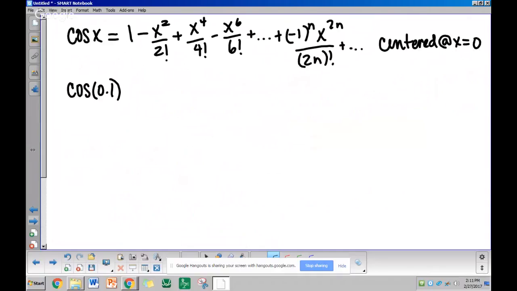Point 1 is close to 0. What is the interval? Well, it just would be 0 to 0.1.